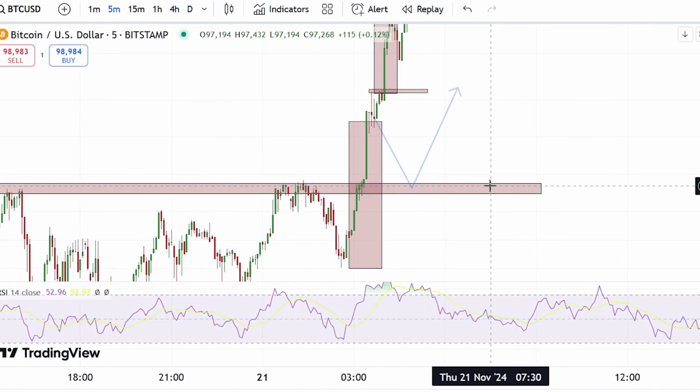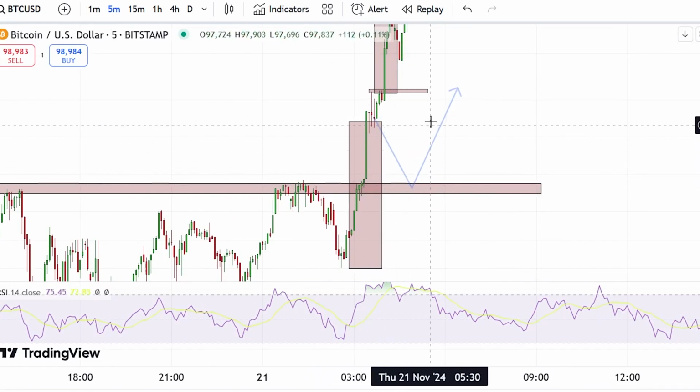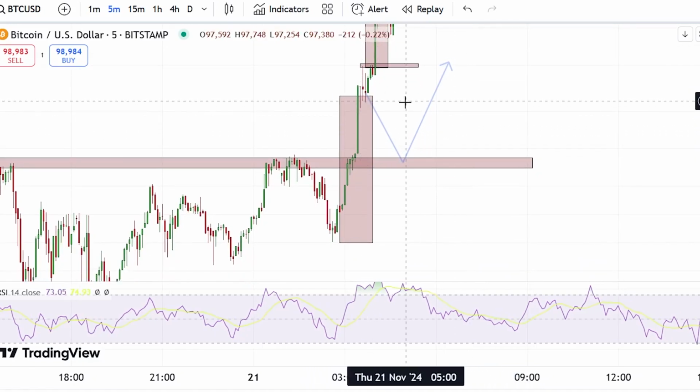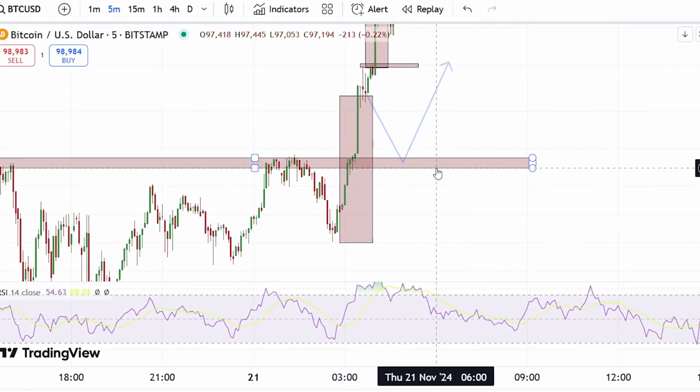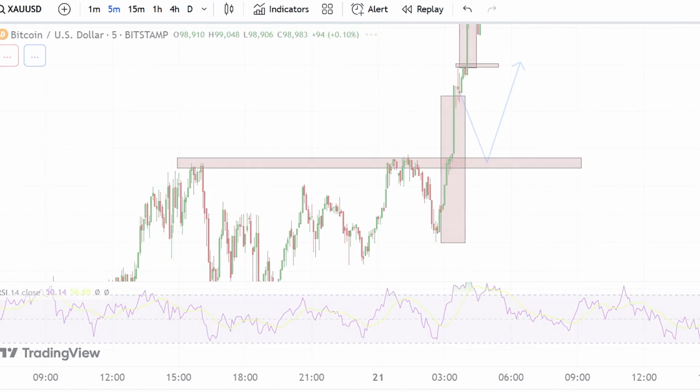So we call it change of character of a zone. So a broken resistance zone becomes a support zone, and vice versa. A broken support zone becomes a resistance zone. Let's see some examples. Here on euro.